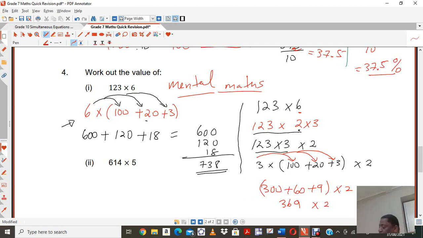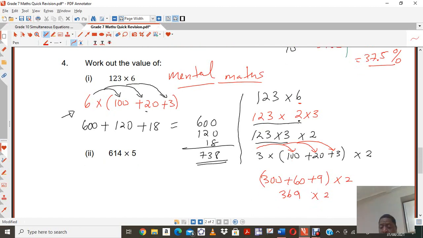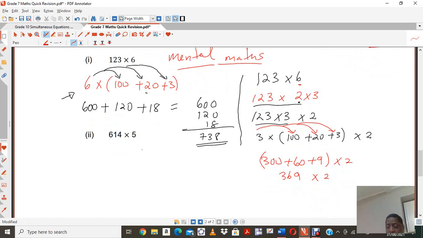So when you double 369, you should be able to arrive at exactly the same answer, which is 738. So what I'm saying is, it should be easy for you to multiply something by 2, but just taking that answer and doubling it. That's 369 plus 369.